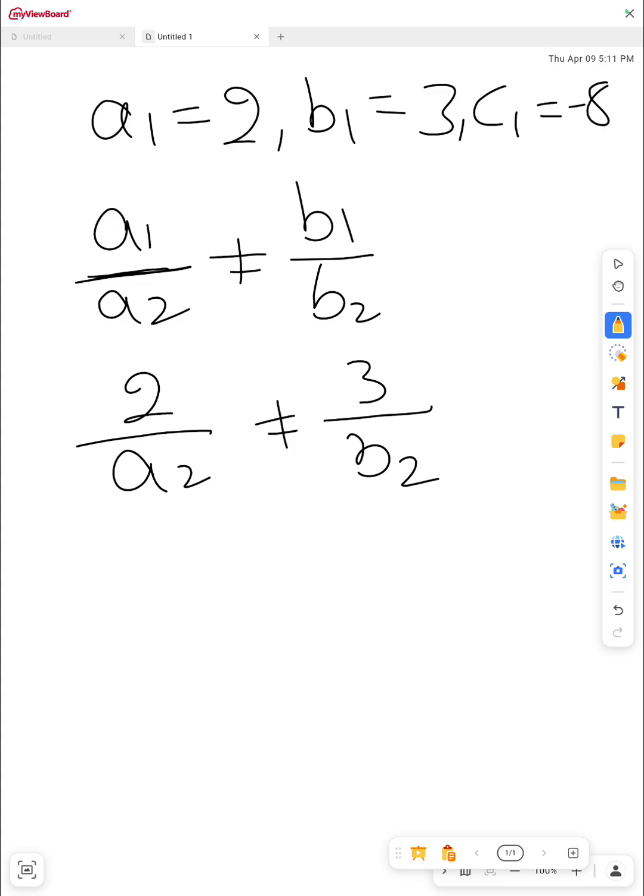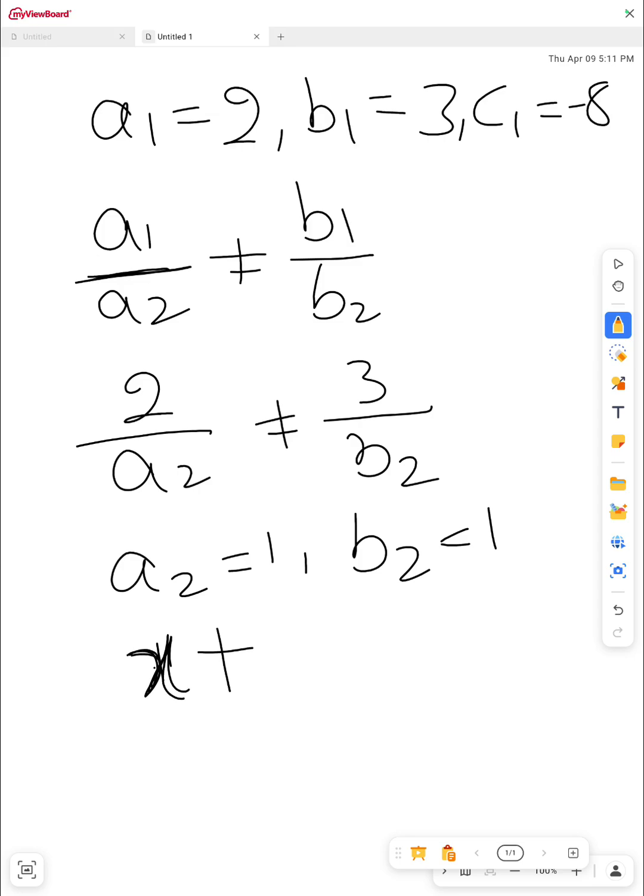We can write any number, because if I write a2 as 1 and b2 as 1, then 2 is not equal to 3. So I'll write a2 is equal to 1 and b2 is equal to 1. Then the equation is 1 into x plus 1 into y, and c can be anything, so I'll write plus 2 is equal to 0. This is for intersecting lines.